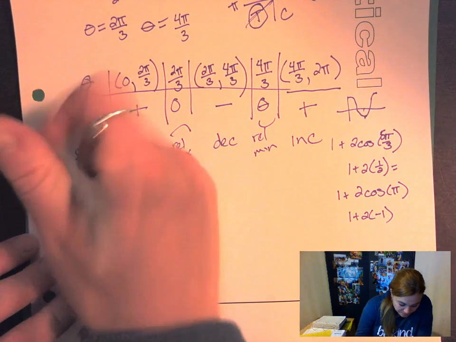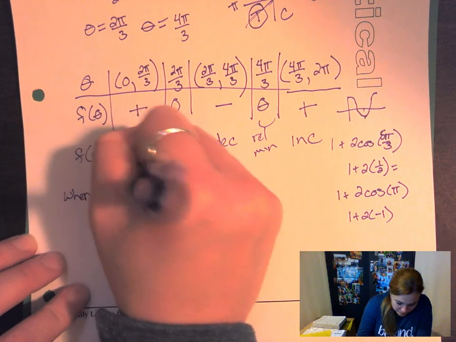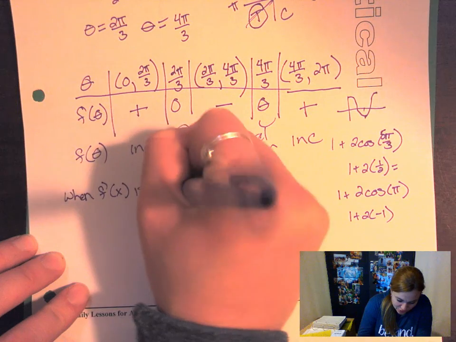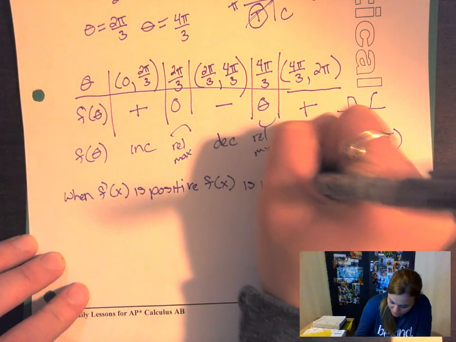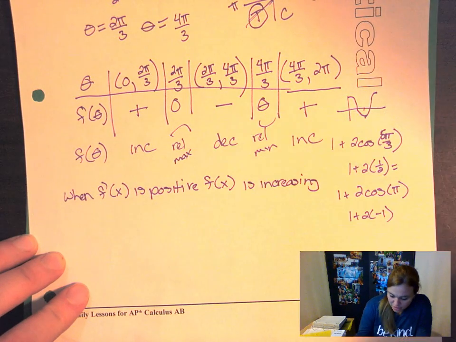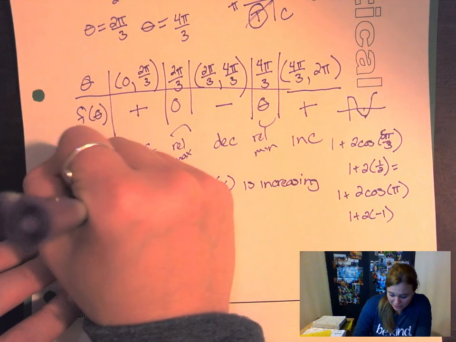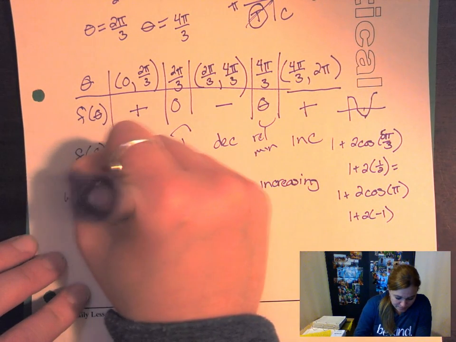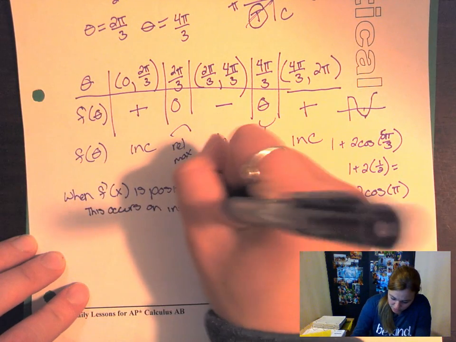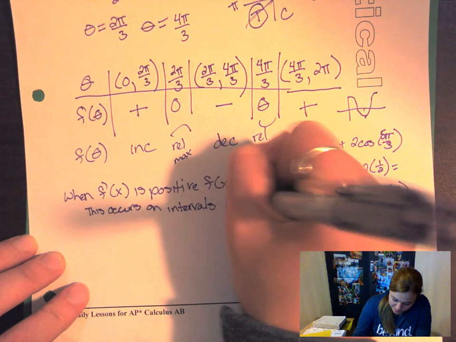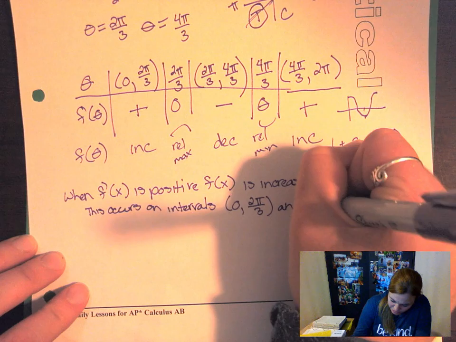Okay, so I'm going to say when f prime of x is positive, or you can say it's greater than 0, f of x is increasing. I changed up the order of this, that's fine. When f prime of x is positive, f of x is increasing, and this occurs on the interval 0 to 2 pi over 3 and 4 pi over 3 to 2 pi.